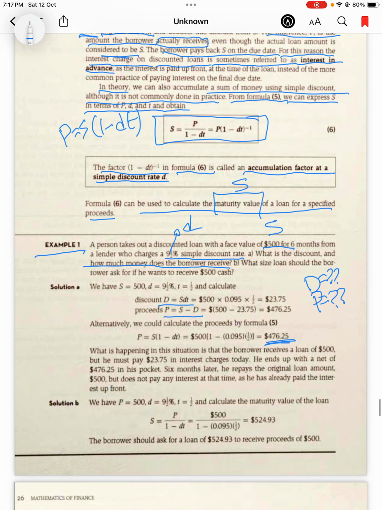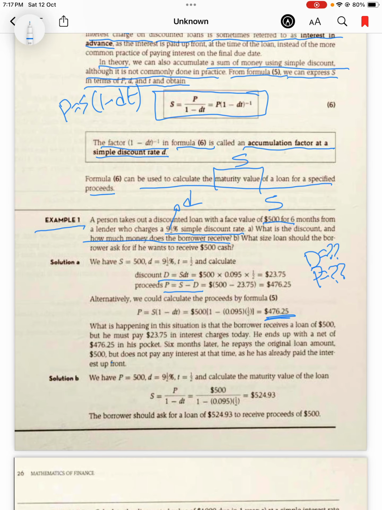Solution to part B: what size loan should the borrower ask for if he wants to receive $500? Receive means B, so calculate S. Here B is $500, d is 9.5%, and t is 6 months, which is 6 over 12, a half.